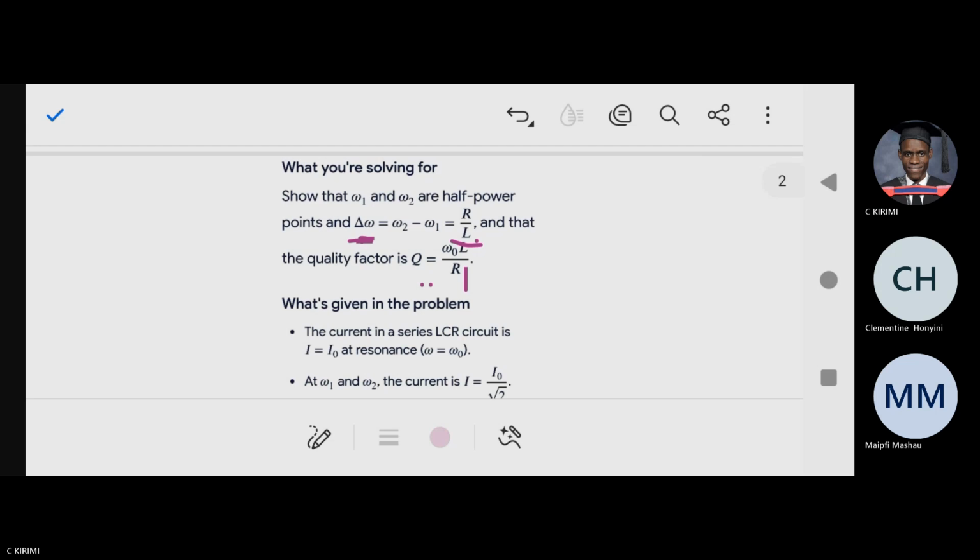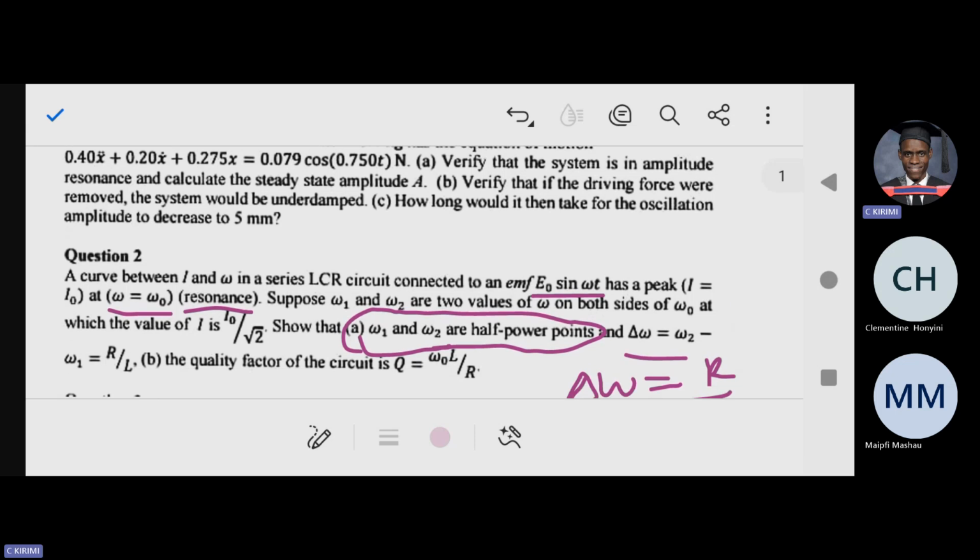The current in a series LCR circuit, I naught, is equal to I, the current, which is at resonance, and omega is equal to omega naught. This information we were given on the question paper already. We are not deriving it. Can you see here? I naught is equal to I, and omega is equal to omega naught.